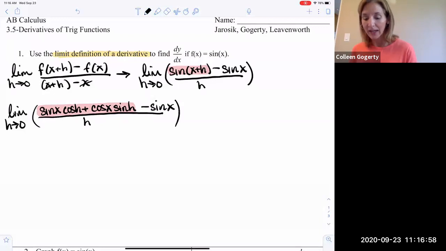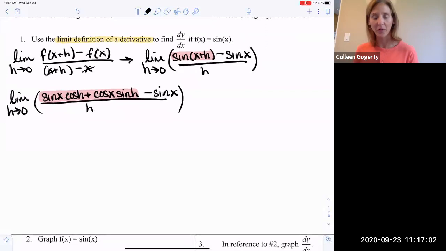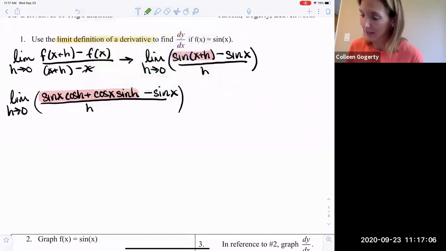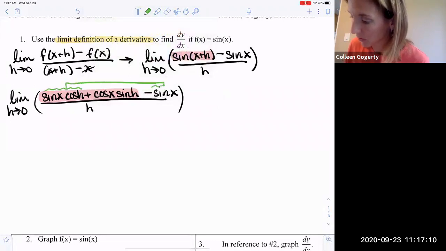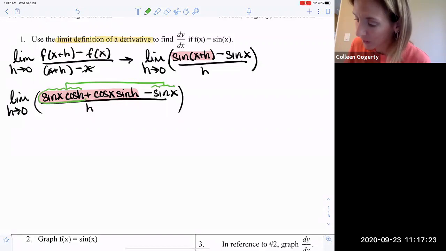Okay? And at this point, you might look at it and be like, where the heck am I going from here? Well, let's try to make some stuff stand out. This term and the term over here both have sine of x. Since they both have a like term, we can group those and factor. I'm specifically looking at these 2 terms.